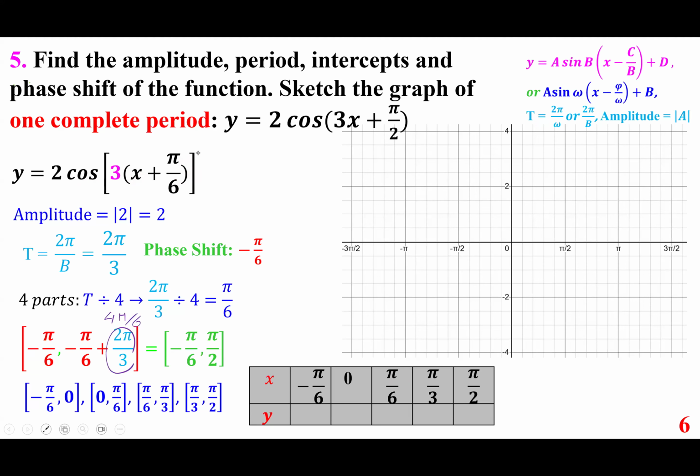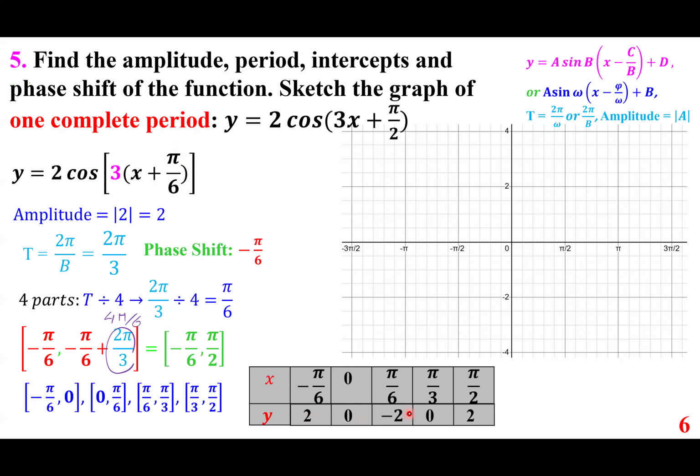If I put pi over 3 with pi over 6, I get pi over 2. 3 times that is 3 pi over 2. Cosine of 3 pi over 2 is 0, and so on. So we get those points. So minus pi over 6 corresponds to 0, 0 corresponds to 0, pi over 6 to -2.